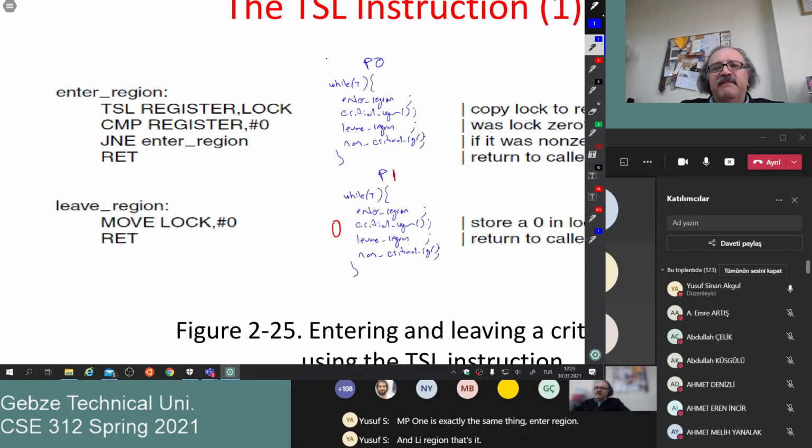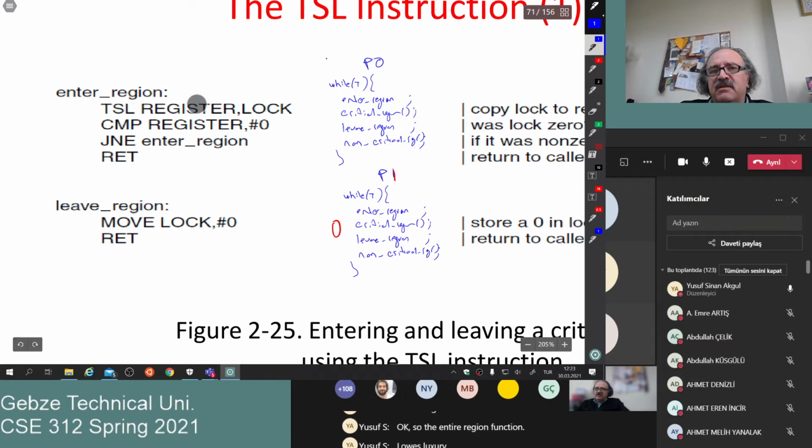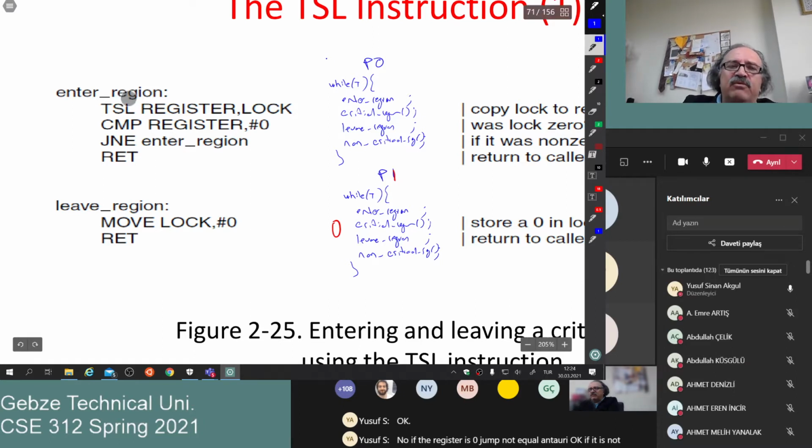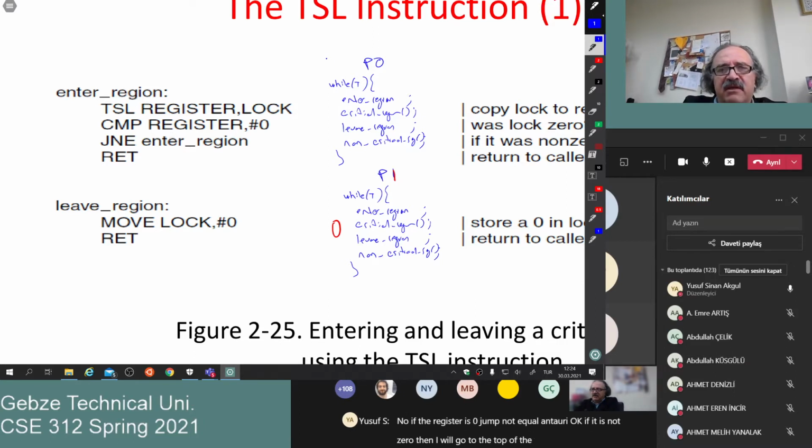So the enter region function loads lock to register, and I compare register with 0. If the register is not 0, jump not equal, enter region. I will go to the top of the function and test it again.